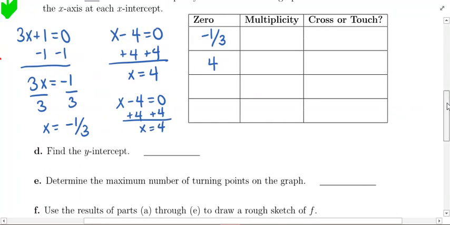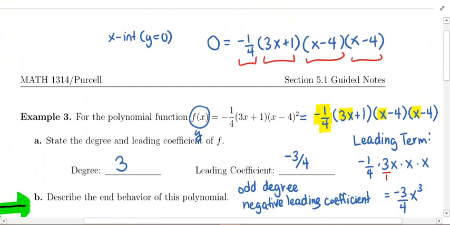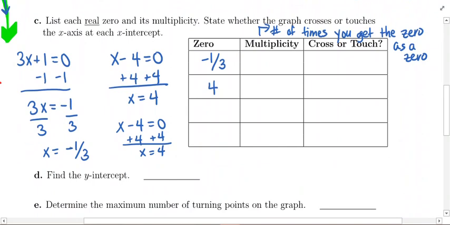Multiplicity is basically the number of times you get each 0 as a 0. Like the negative 1/3, it came from the factor 3x plus 1. It was in the factorization one time. We only got it as a 0 one time, so its multiplicity is going to be 1.